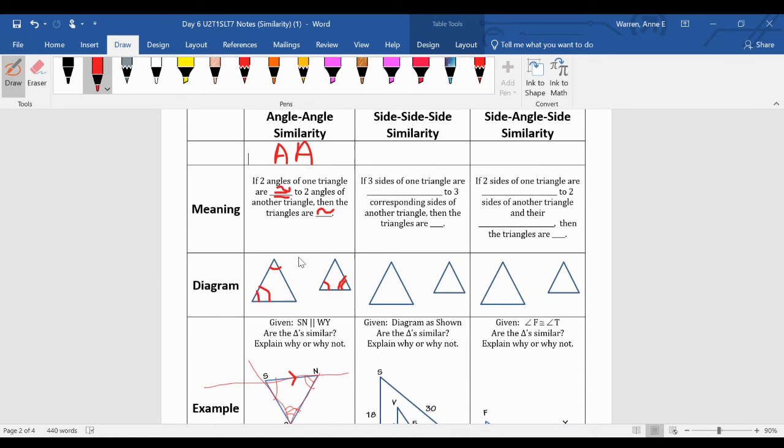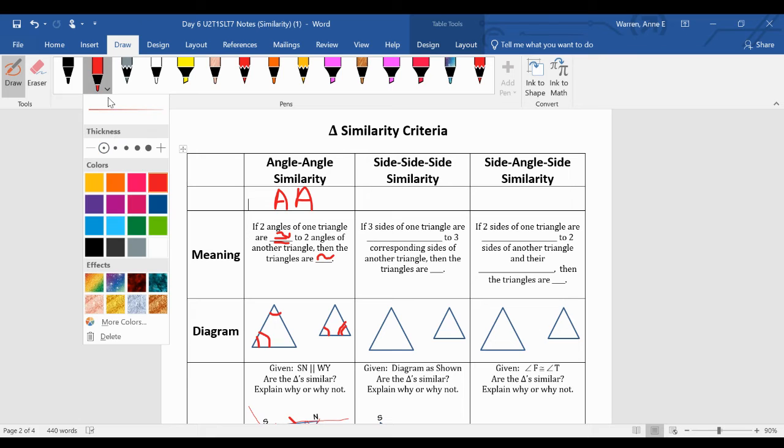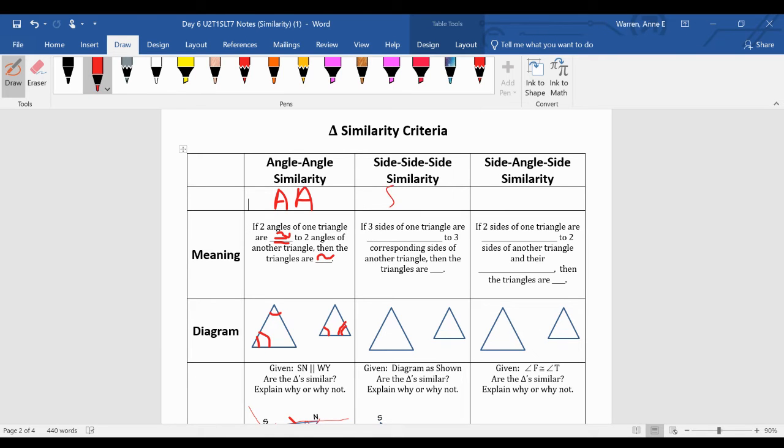Okay. The next triangle similarity criteria, and this is not one that we've talked about yet, is called side. And this might sound familiar because we had a side criteria for congruence as well. But side congruence for similarity is slightly different. With congruence, the requirement was that 3 sides of a triangle would be congruent to 3 sides of another triangle. But we know similar triangles aren't going to always be the same size.